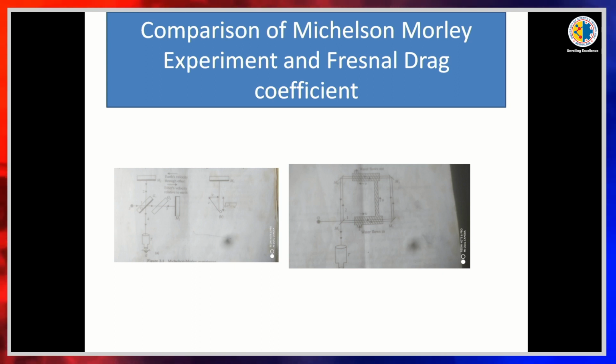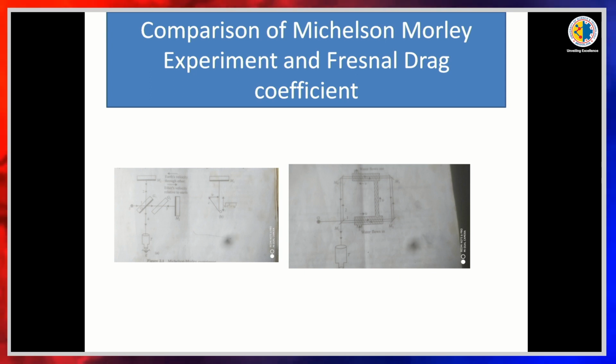Another difference between the Michelson-Morley experiment and this experiment is that here the light is reflected and transmitted, then recombined at O and observed by a telescope. In this experiment, the light beam passes through the 4 mirrors, one beam rotated in the clockwise direction and the other in the anti-clockwise direction, one along the direction of the water and the other against the direction of the water.